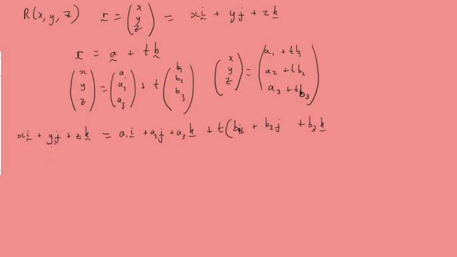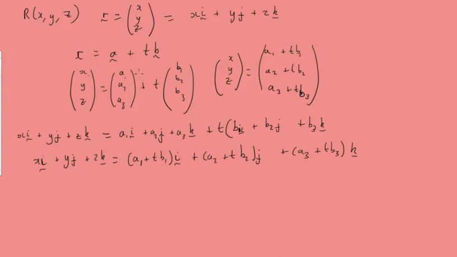Or with this, we can rearrange this as xi plus yj plus zk, tidying this up, is going to be (a1 plus tb1)i plus (a2 plus tb2)j plus (a3 plus tb3)k.